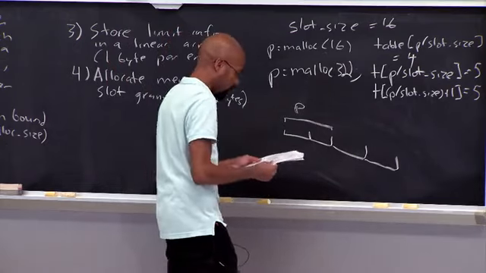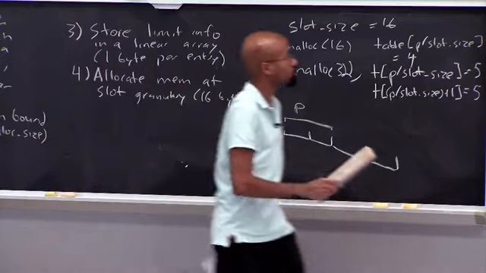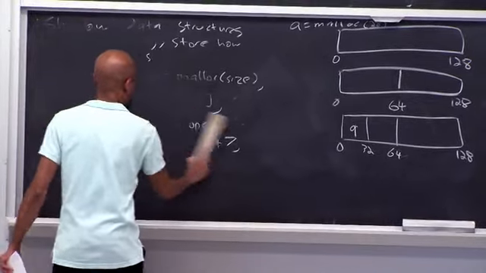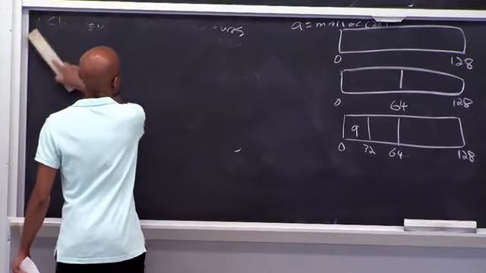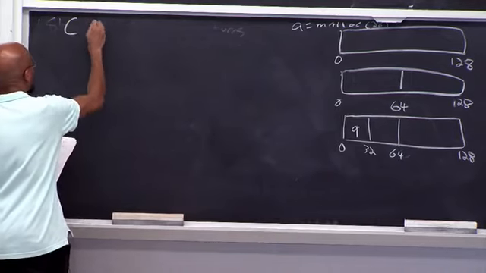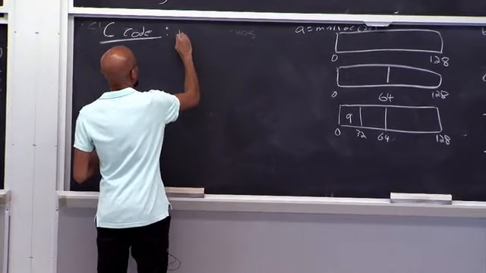Okay, so let's see. So armed with the bounds table stuff, what happens if we have C code that looks like this?